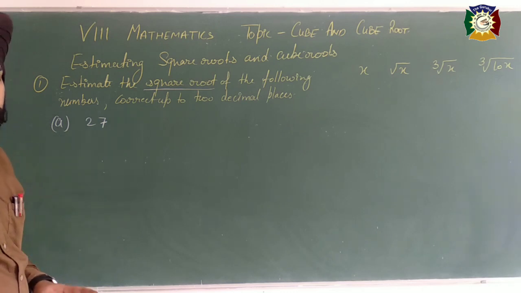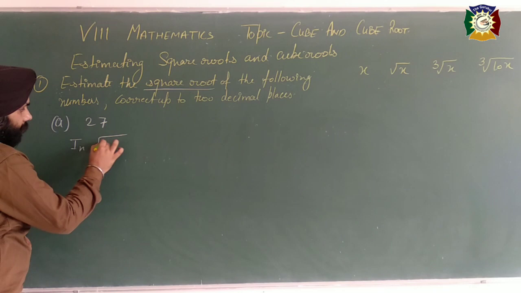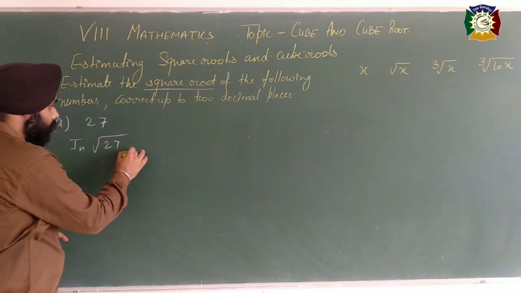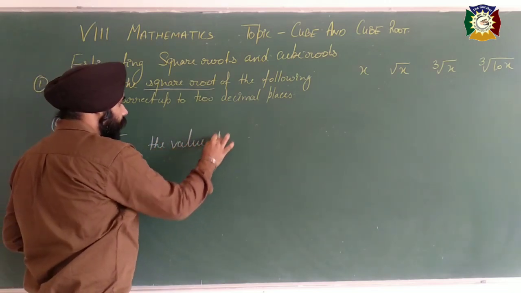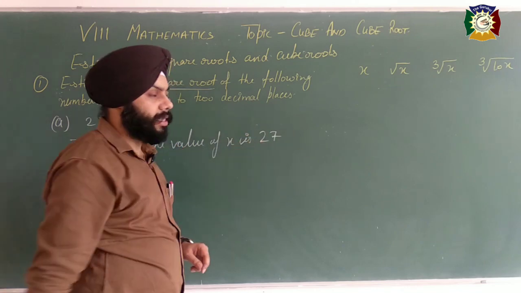So for the square root of 27, we assume the value of x is 27.